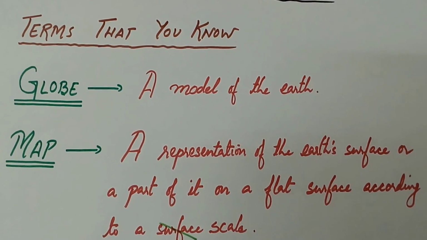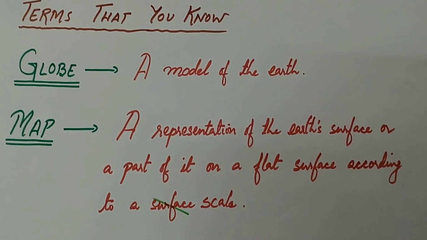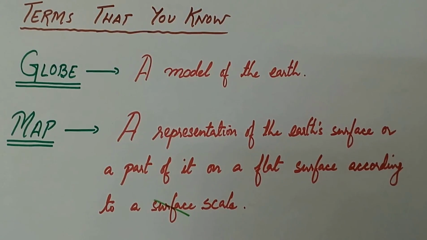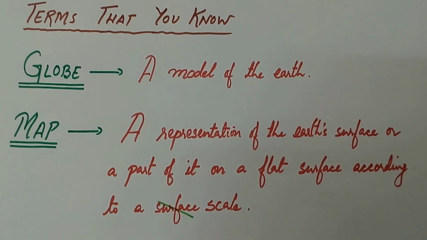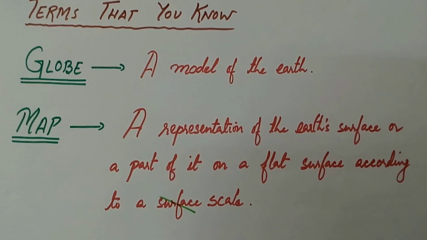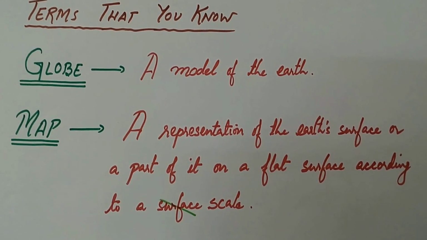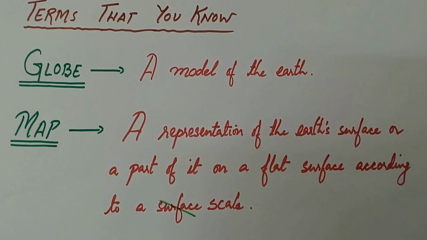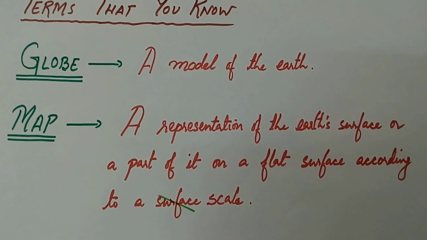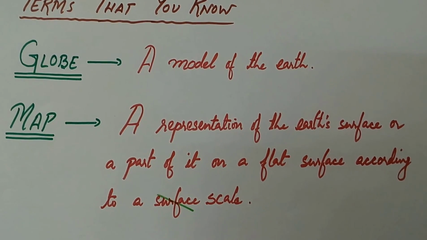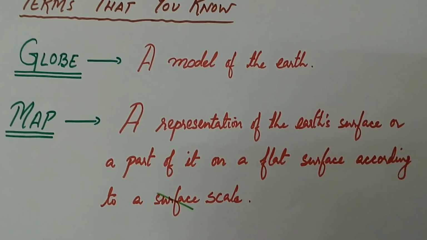Then the second topic is map, a representation of the earth's surface, or a part of it, on a flat surface according to the scale, which means the maps will be presented on a flat surface, on paper.